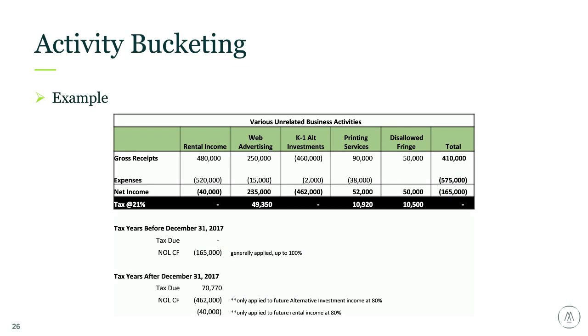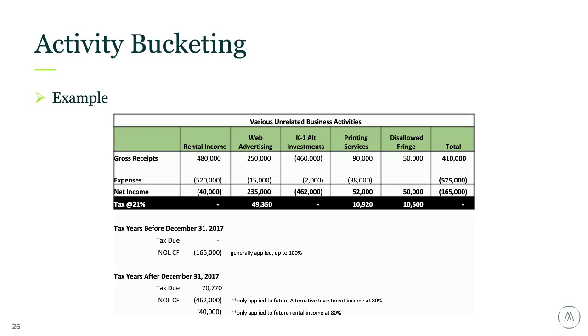In this example, your overall loss for the year was $165,000. Under pre-tax reform, so before 12/31/17, you would not owe any tax. You'd have a net operating loss carry forward or carry back 2 years of $165,000.